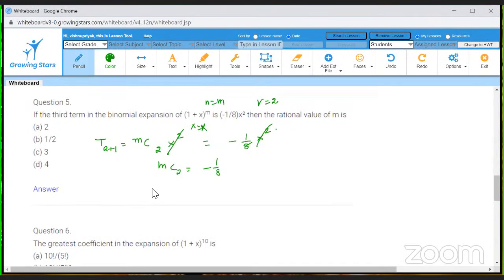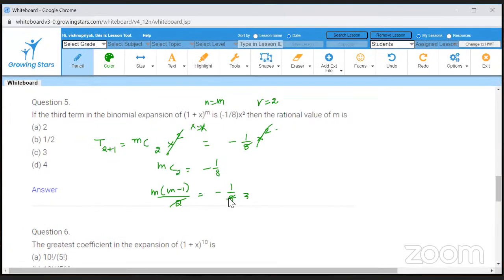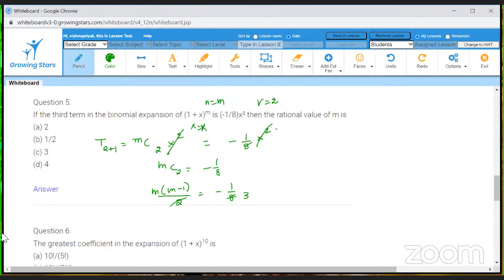Now mC2 means start with m, take two numbers m and m minus 1 by 2 factorial, equal to minus 1 by 8. You can take 2 fours. So m into m minus 1 is minus 1 by 4.